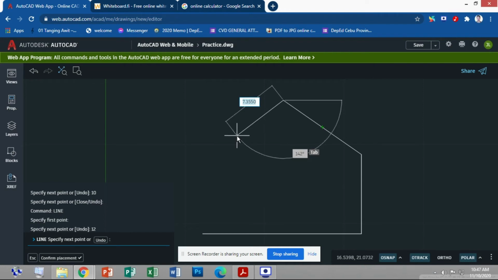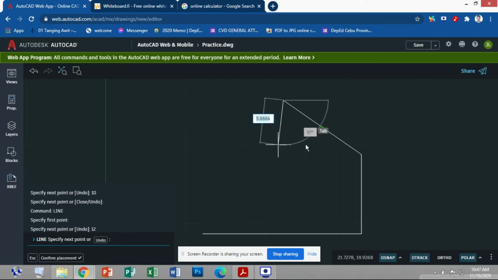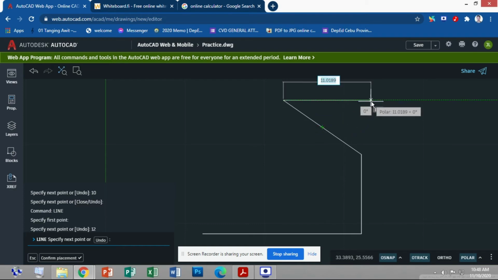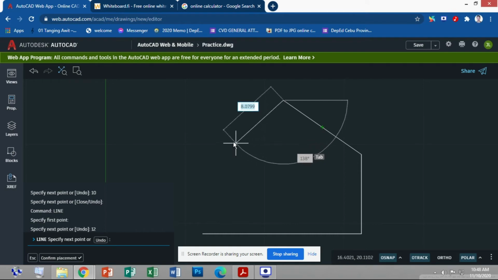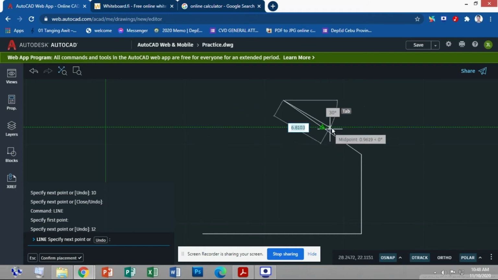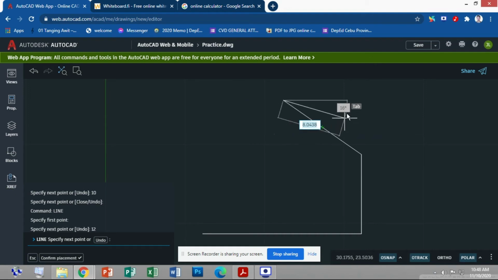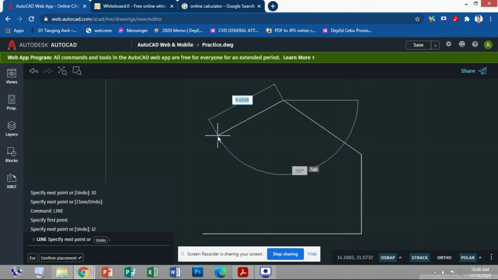Dapat lumagpas pa tayo sa 110 degrees kasi hindi dito naka-base yung angle, kundi dito sa ating first quadrant. Magre-revolve siya. So, ilan ngayon yung idadagdag natin sa ating 110 para ma-solve natin itong problema natin sa angle na ito.